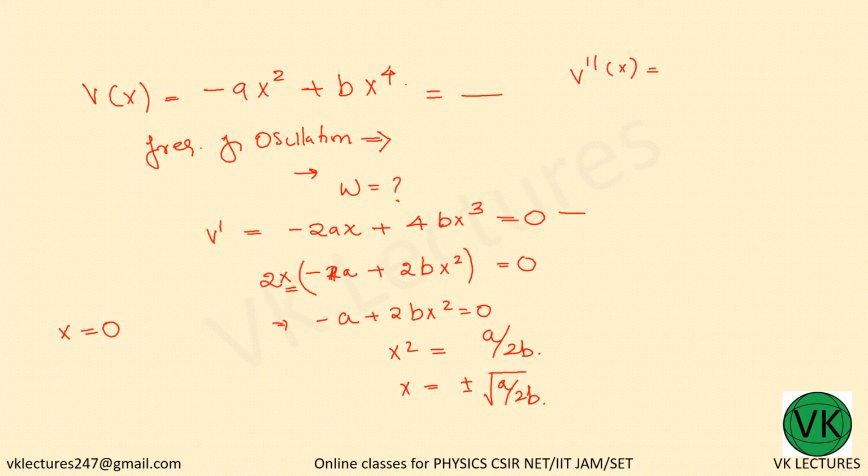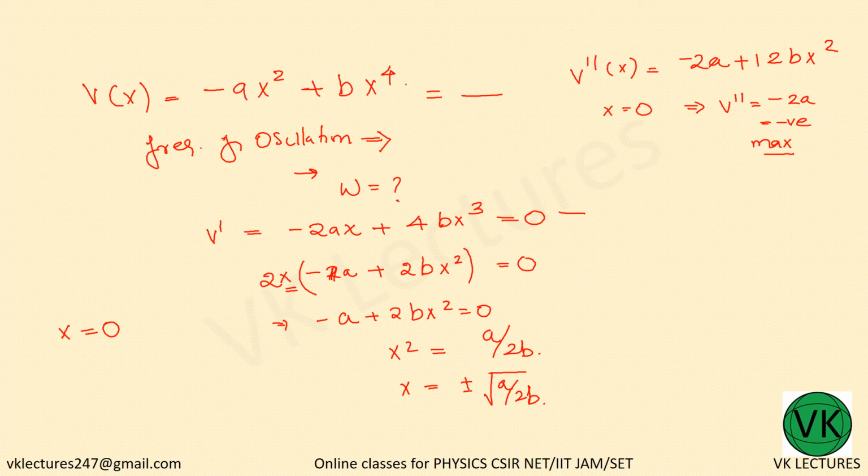V double dash is equal to minus 2a plus 12b x square. Right. Now put x equal to 0, which means you will get v double dash equal to minus 2a. This is a negative quantity, which means maxima.